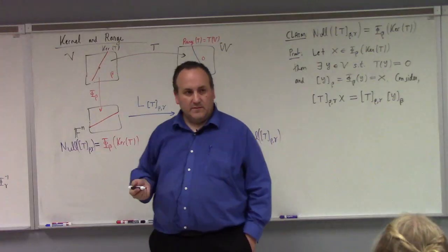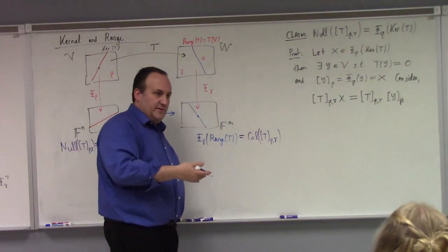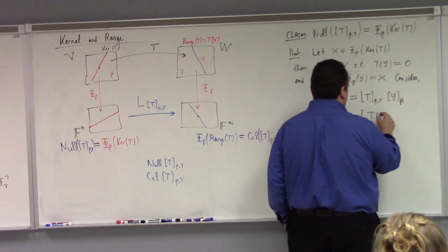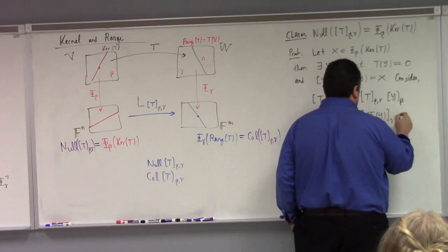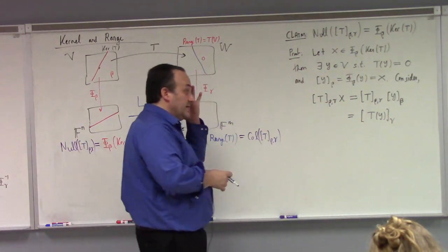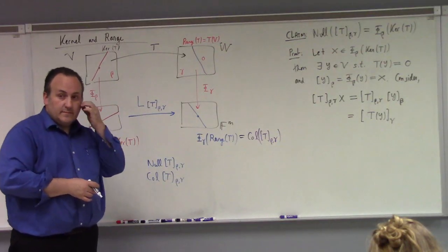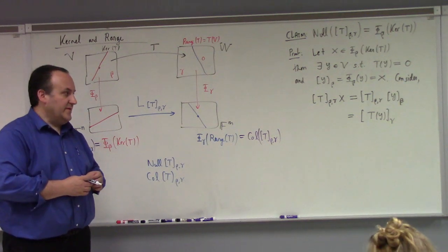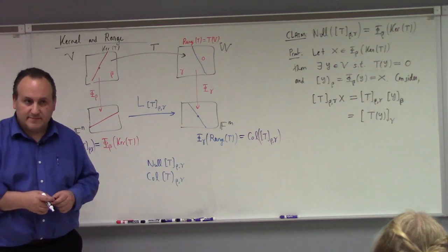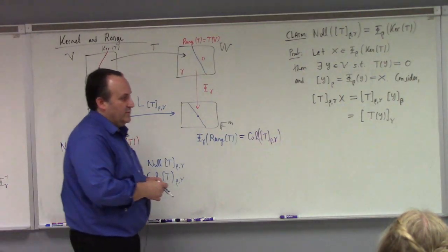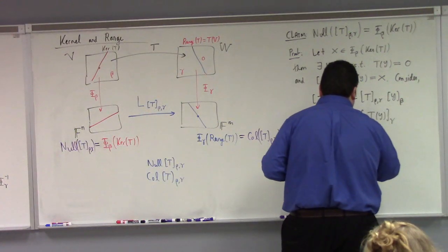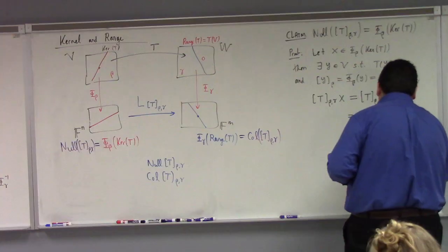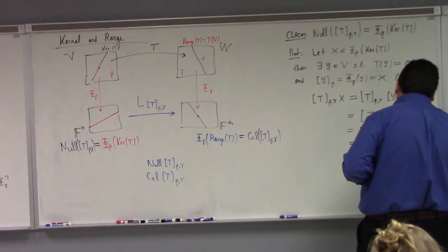But last time we proved that the way the matrix works is that this is in fact the γ coordinate vector of T of y, right? I promoted that as a way to calculate the matrix at the end of last class, using this formula. But what's T of y? 0. What's the coordinate vector of 0? It's 0, right? So therefore, x is an element of the null space of T_{β,γ}.